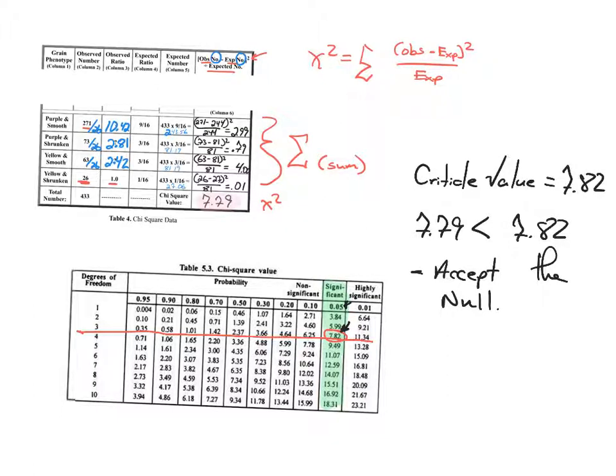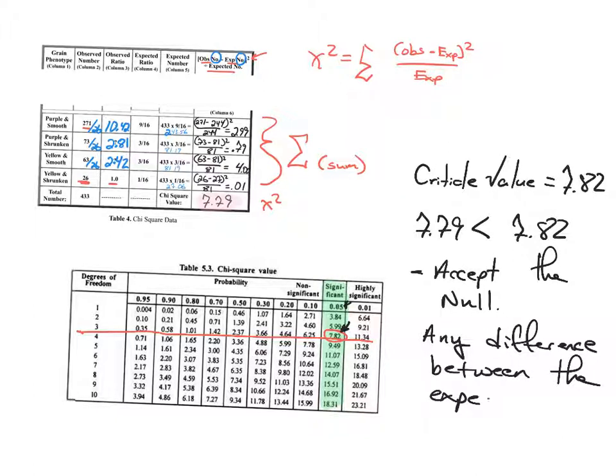Which means what? Which means that any difference between the expected and observed is due to randomness.